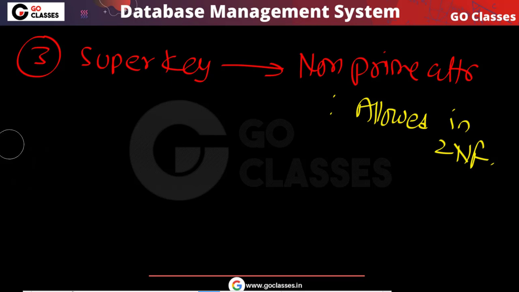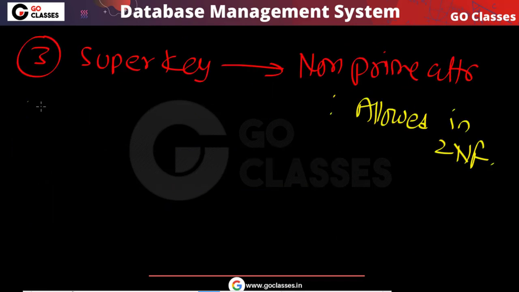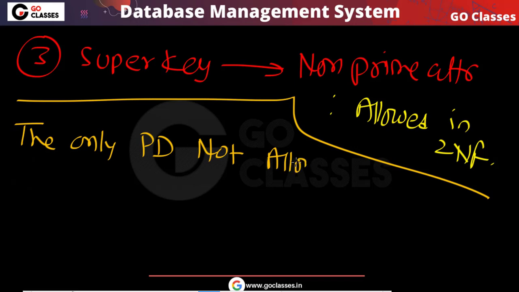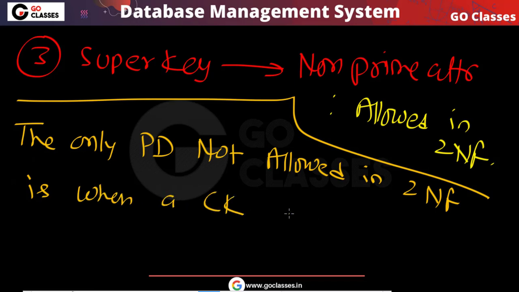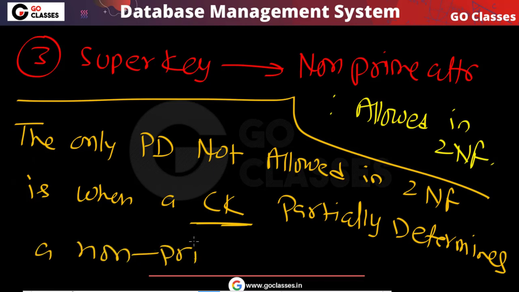The point is very simple: the only partial dependency not allowed in 2NF is when a candidate key partially determines a non-prime attribute. I hope this is clear to everyone.